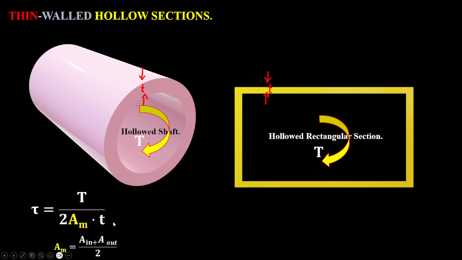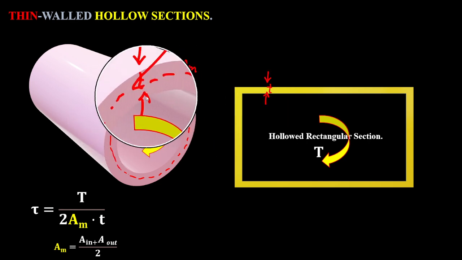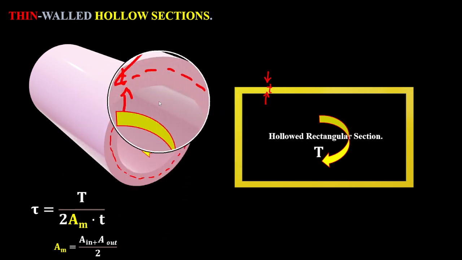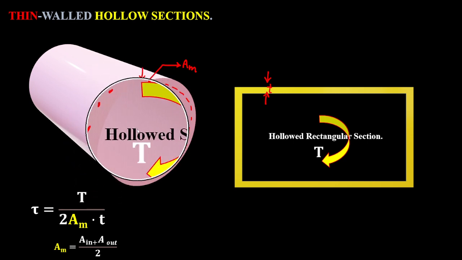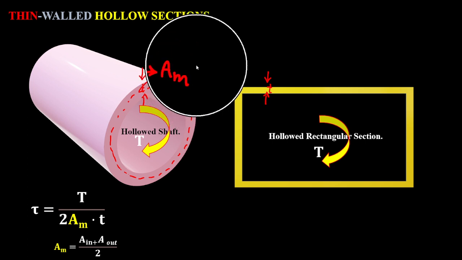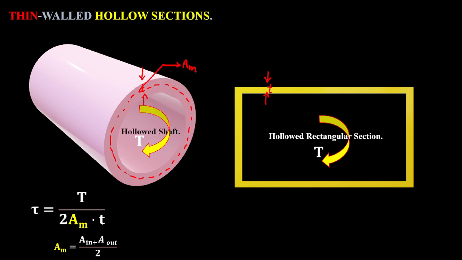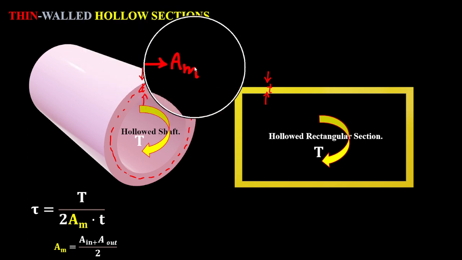The visual of that is if you have a circle, a dashed red circle between R1 and R2, that's the average. The same concept also applies to this rectangular one.